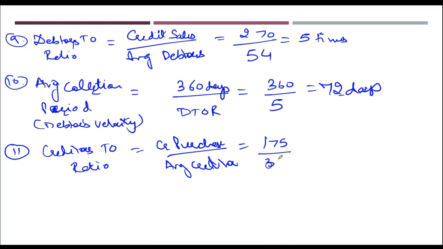So you will take credit purchases 175 divided by 30, which comes to 5.83 times.